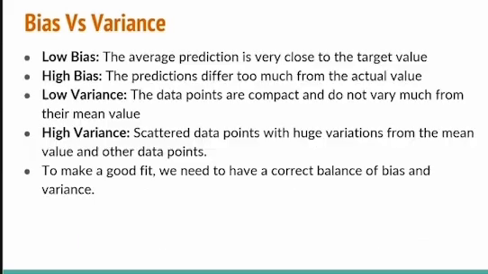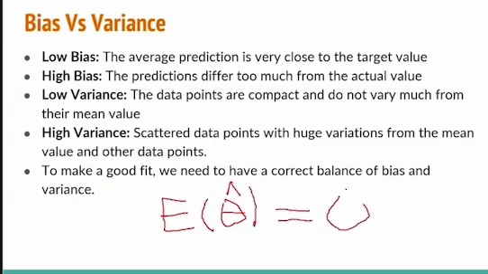Now, I just gave you the meaning of low bias, high bias, and so on. I remember in statistical theory, when you talk about an estimator, we expect that if the expected value of an estimator equals the true value of a parameter, we normally say the estimator is unbiased.